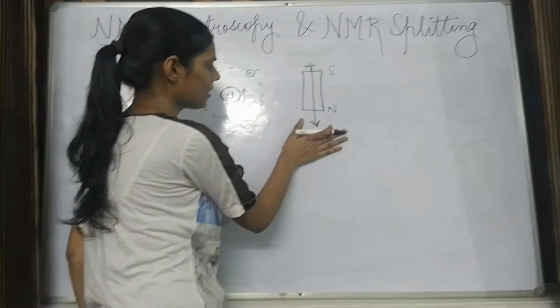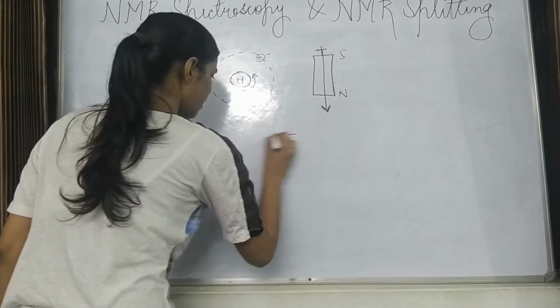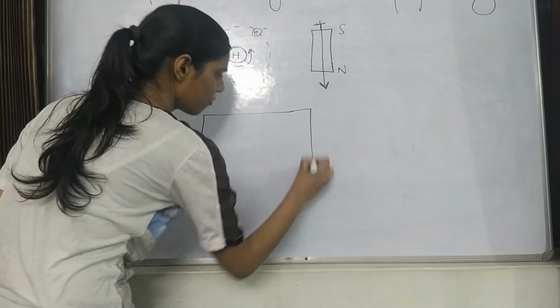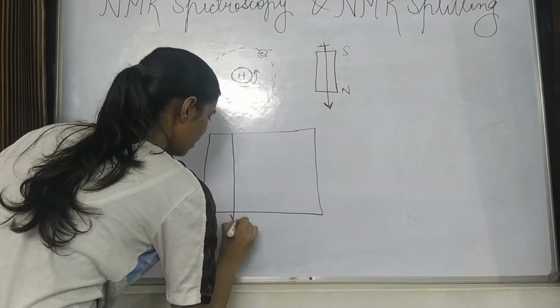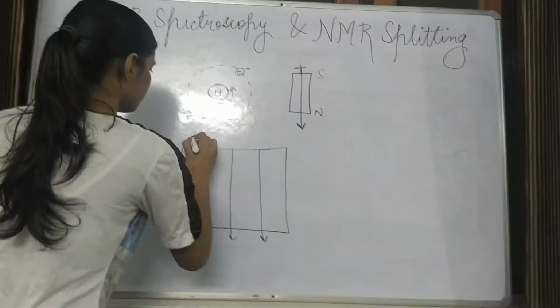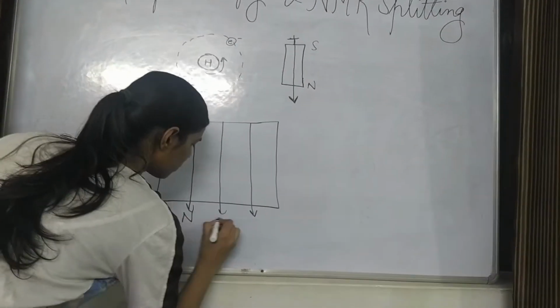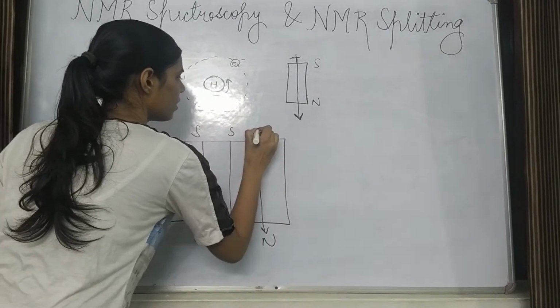So what we do is, this atom we put in an NMR machine. NMR machine has a magnetic field, north and south.